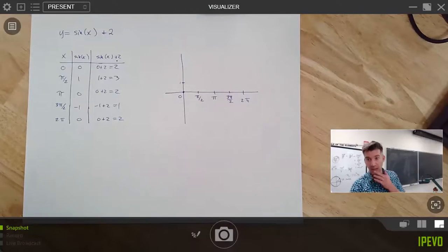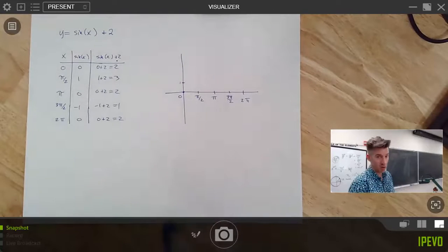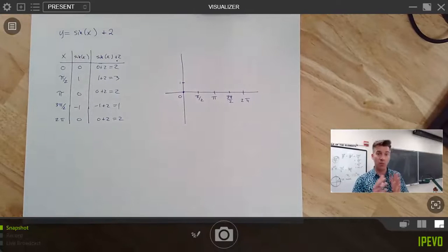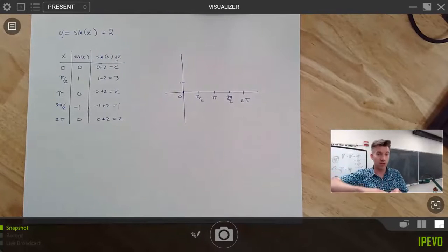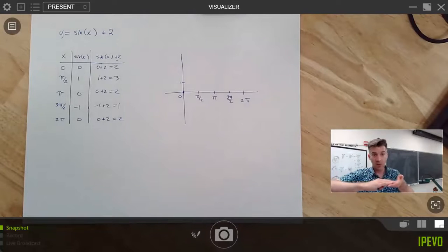Good question. Someone asked, are we always going to use these x values, or are there going to be instances where we have to go beyond 2 pi? I would say the answer is actually no to both. No, we're not going to always use these x values, and they're going to change when we start changing the length of the period or doing a horizontal shift. We've been dealing with vertical stretches and vertical shifts, which don't change the period.